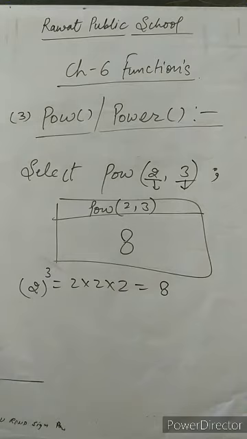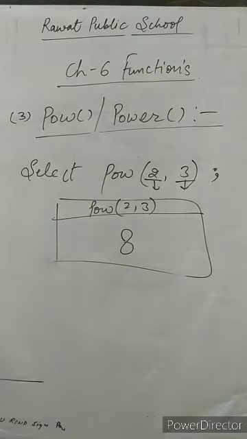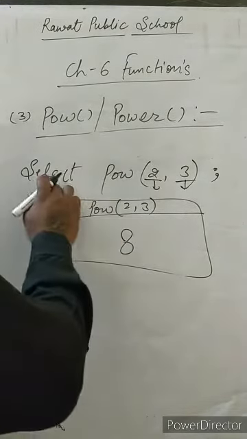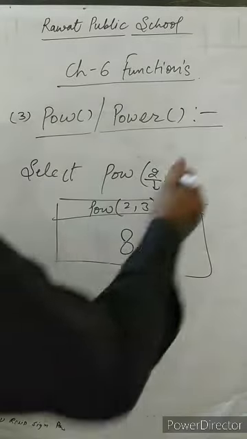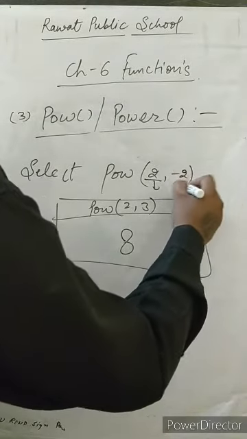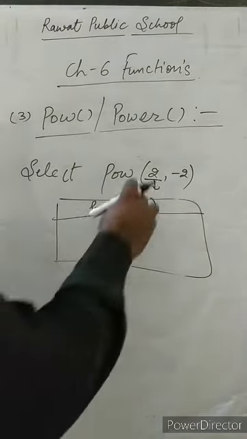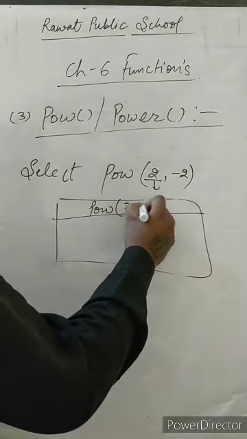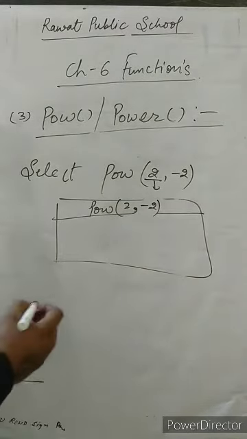Okay students, here you can also place a negative power. How? Select power of, let's say you are placing here 2, -2. Okay, 2 to the power -2. So students, how will it interpret?